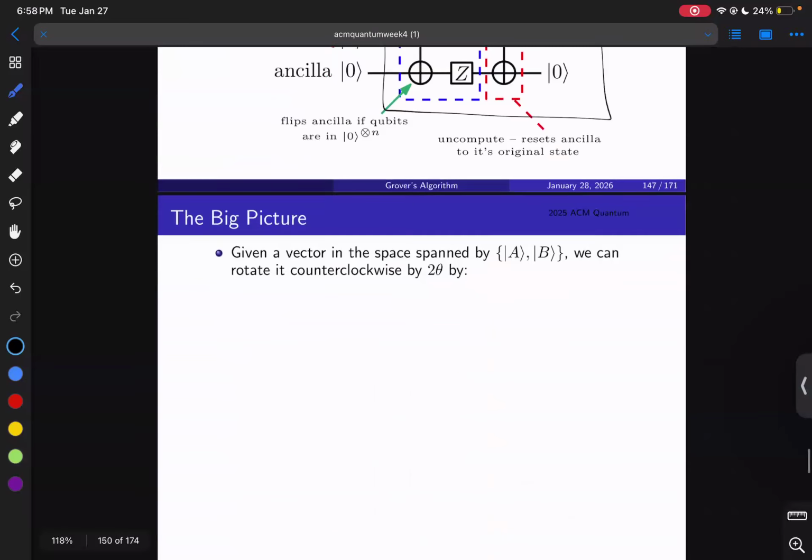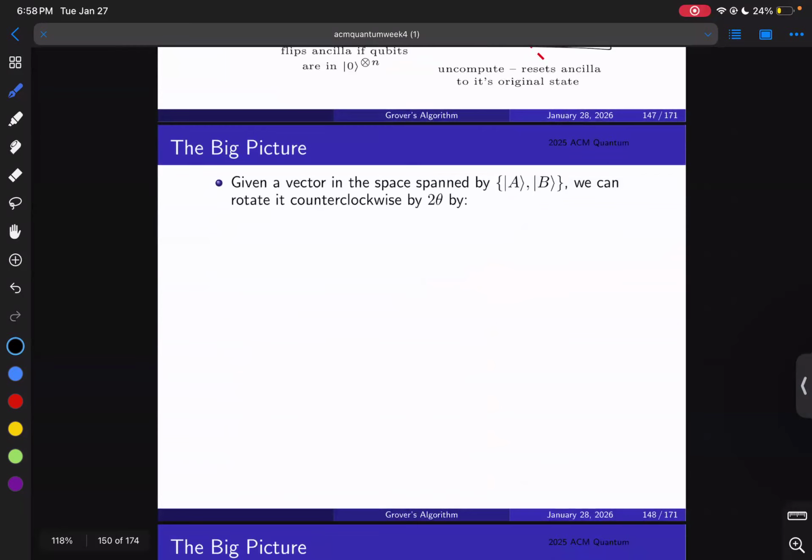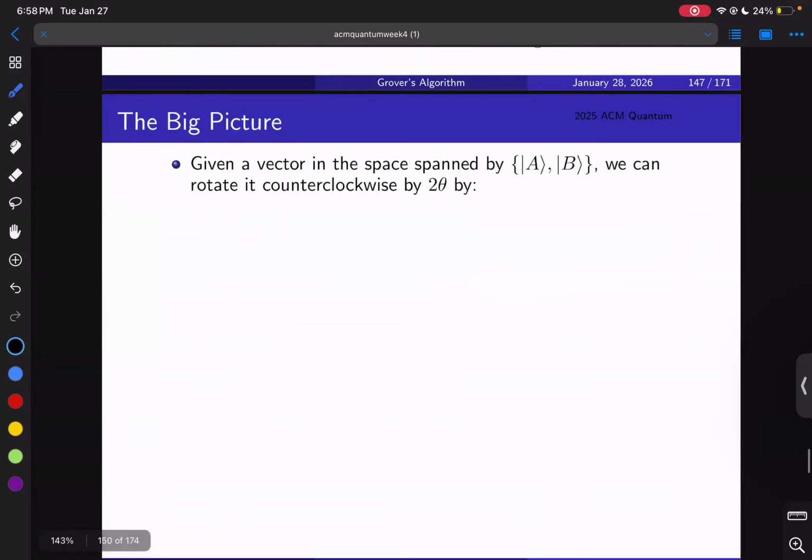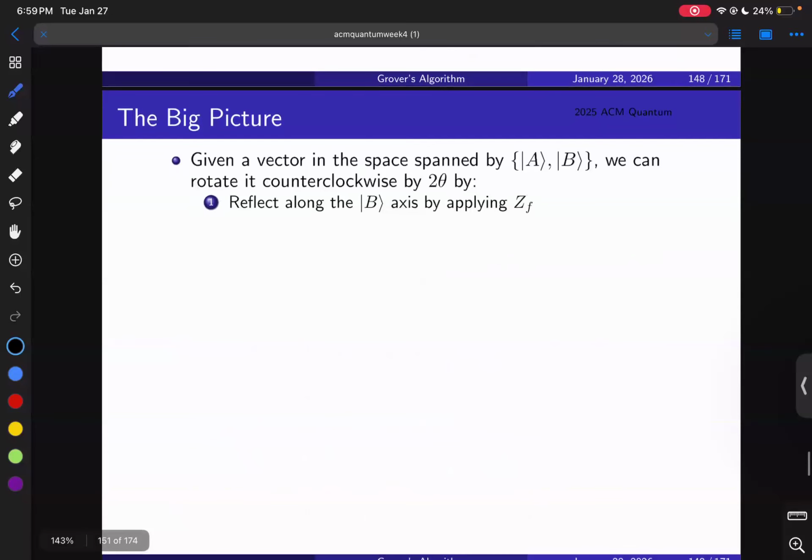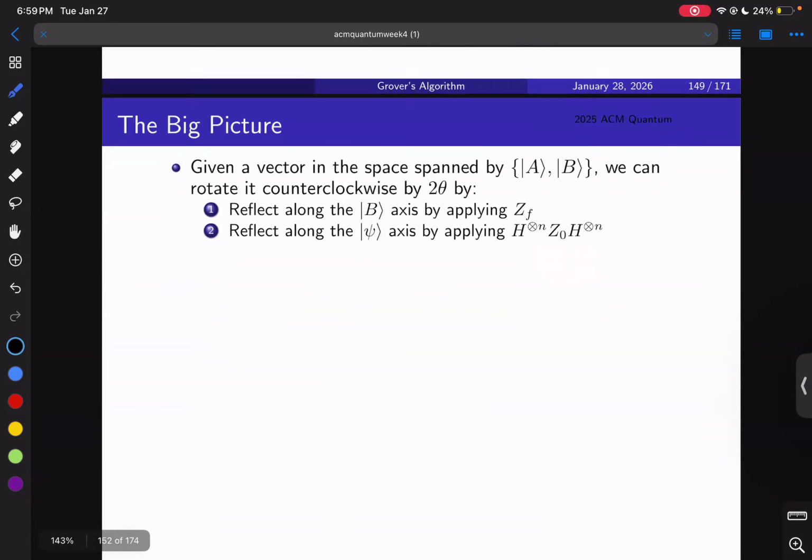Okay, here's the big picture once again. So we have a vector in the A and B space, and we want to rotate it counterclockwise by 2 theta because that'll get us closer to the A axis, which is a larger probability of measuring and solving Grover's algorithm, right? And the way we do this is that we first reflect along the B axis by applying the oracle ZF, and then we reflect along the psi axis by applying H tensor n, Z naught, H tensor n.